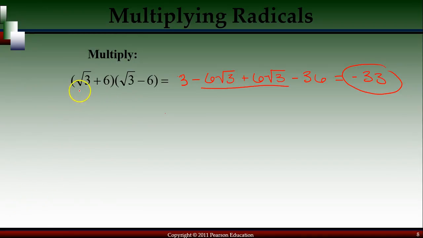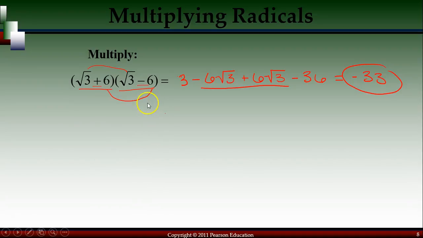If we have radicals that say the same exact thing inside both of our parentheses, except there's been a sign change in the middle, one's plus, one's minus, what these are called are conjugates. And whenever we have conjugates that we're multiplying together, the only thing that we have to multiply together are the first two terms and then the last two terms. We can skip the inner and the outer terms on the foiling method.